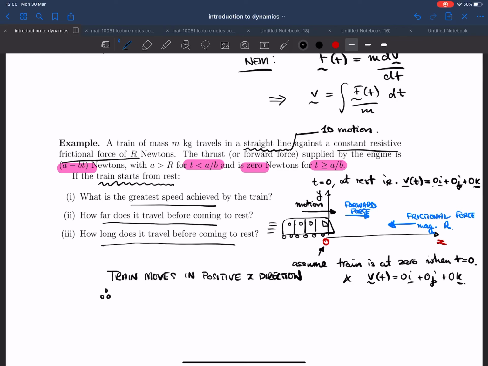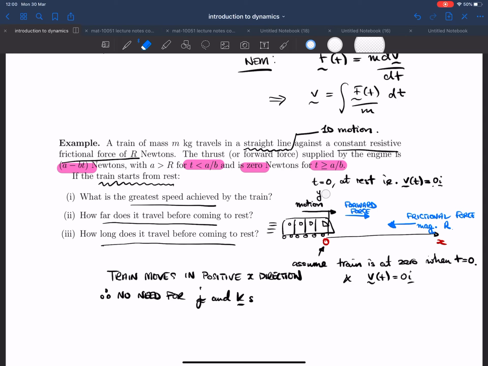Therefore, there's no need for j's and k's. So I'm going to delete them now. Really, there's no need for them. We're just considering 1D motion. So there we go, they're gone.